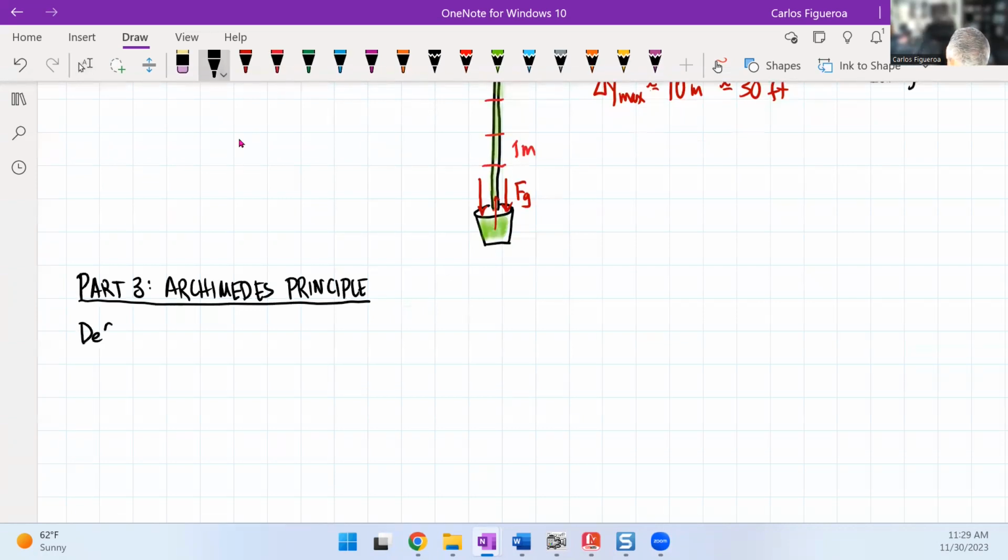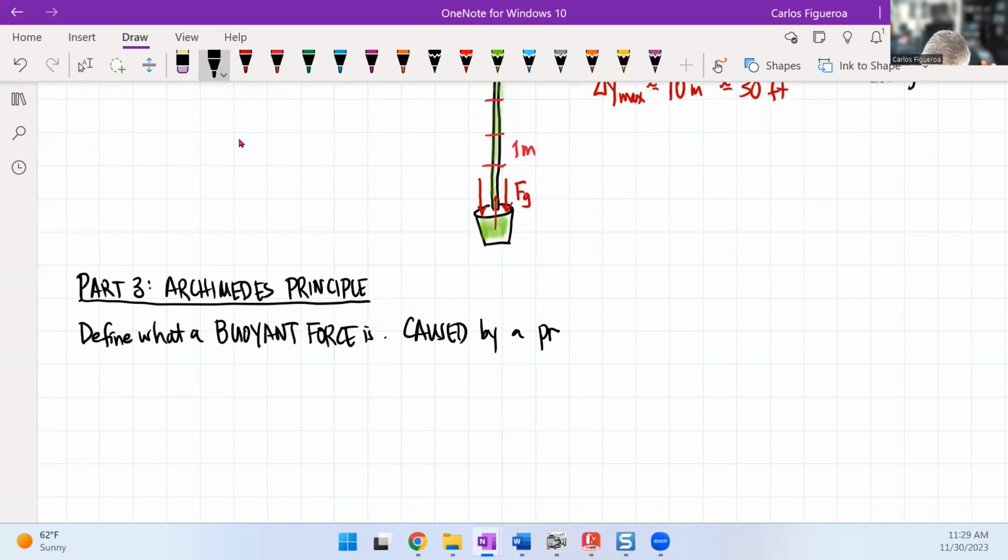What we need to do here is define what a buoyant force is. And what you'll find here is that a buoyant force is caused by a pressure difference caused in fluids.